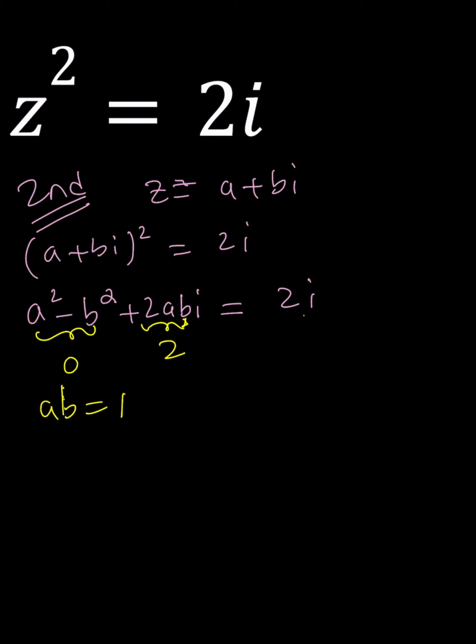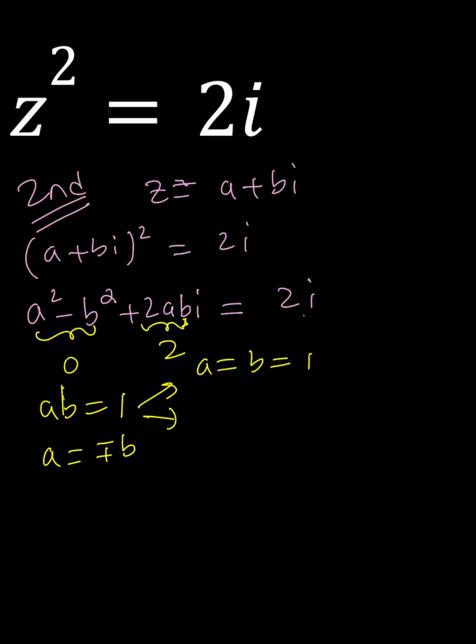Now, a squared equals b squared means that a is equal to b, or a is equal to minus b, right? So let's go ahead and write this down. From here, we get a equals plus minus b. And then from here, we do get the following. If a and b are equal, then from here we basically get a equals b equals 1, right?